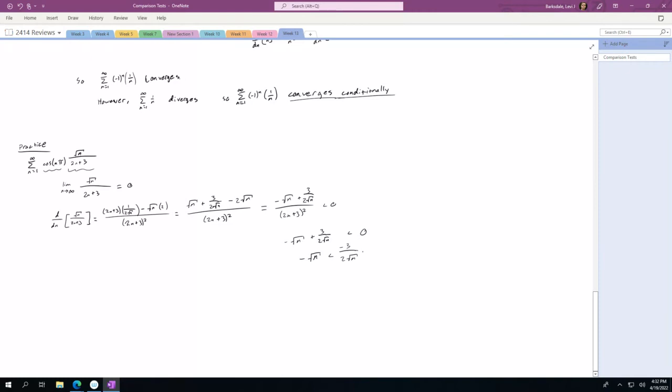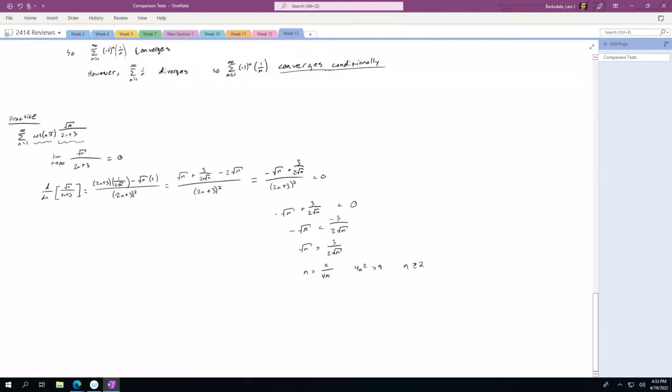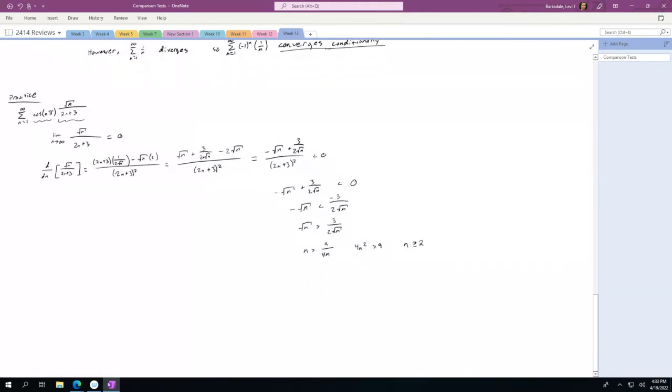If we multiply by -1, then we have square root n is now greater than 3 over 2 root n. And we have to do this because whenever we multiply by a negative, our sign flips. So we square both sides, we get n is bigger than 9 over 4n. So then multiplying both sides by 4n, we get that 4n squared is larger than 9, and this is of course true for n larger than about 2. So we get that after a certain point, all of our terms are decreasing because our derivative is smaller than 0.